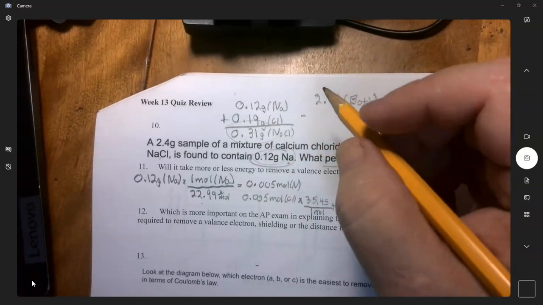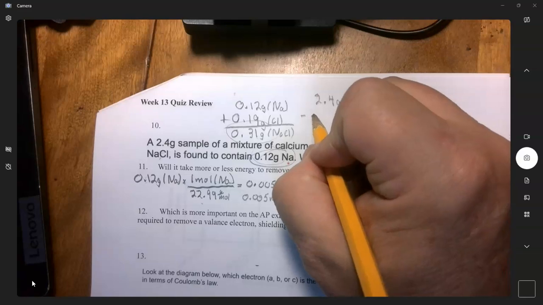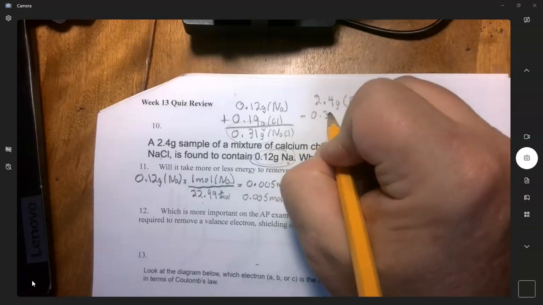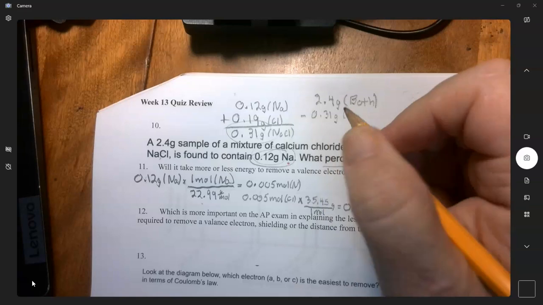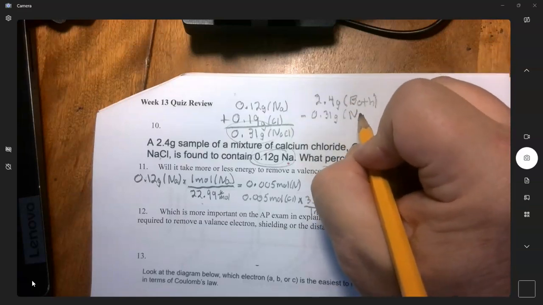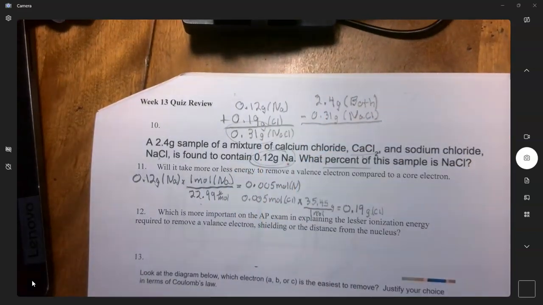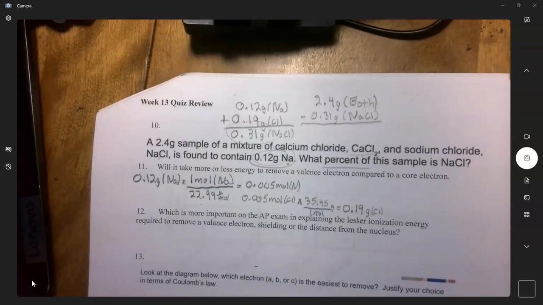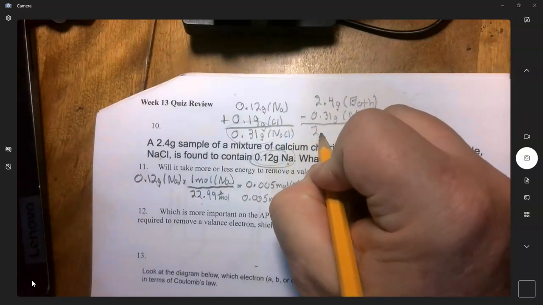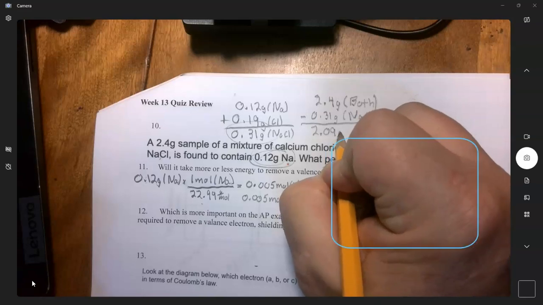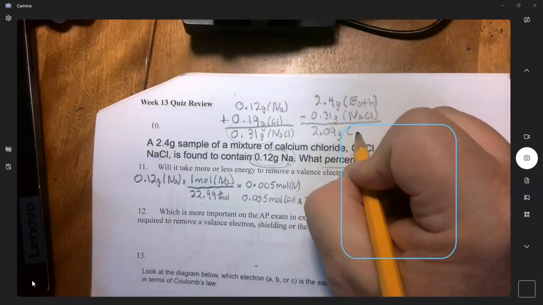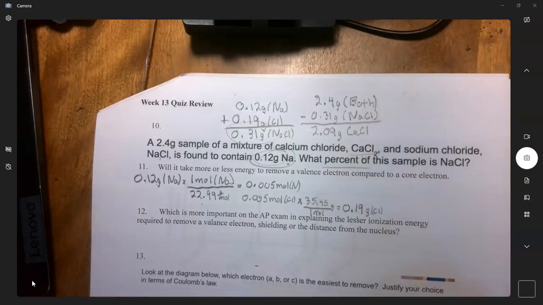Minus the 0.31 grams of NaCl. And what you're going to get from that is 2.09 grams of CaCl.